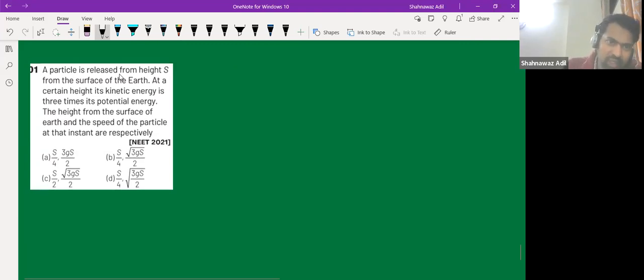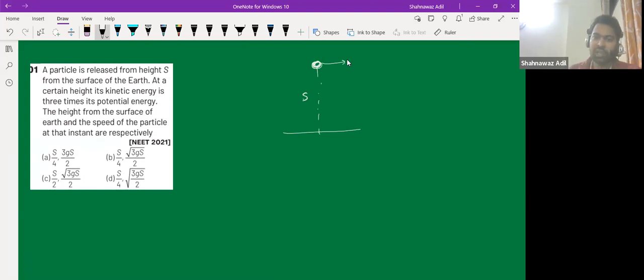A particle is released from height s from the surface of the earth. So this is some particle and it has been released. This height is s. In here, what is the only force that is acting?